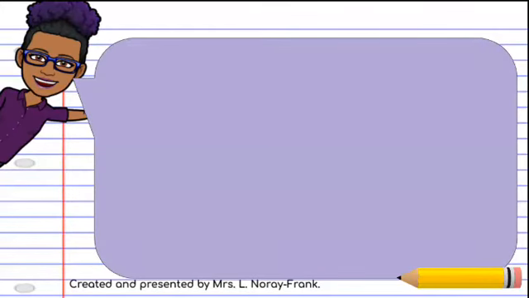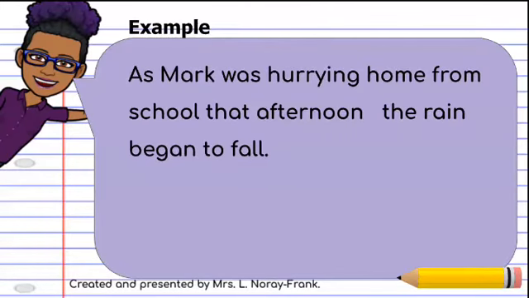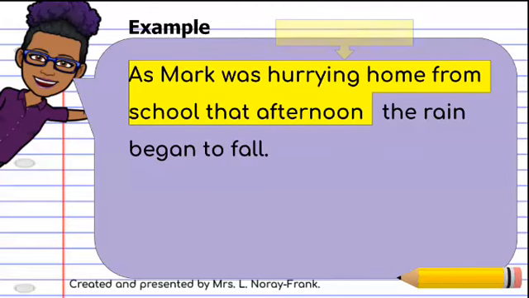So let's look at an example of a compound sentence. As Mark was hurrying home from school that afternoon, the rain began to fall. So in our compound sentence, here we have our independent clause number 1: as Mark was hurrying home from school that afternoon.